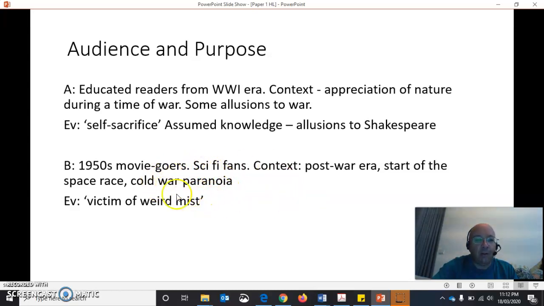There's a certain amount of paranoia about what's happening. Also, it's the start of the space race between the US and Russia, and there's evidence of this kind of paranoia, and obviously science fiction in general ties in with exploration of the unknown. So there's some audience and purpose to have a look at.